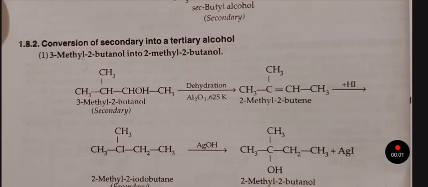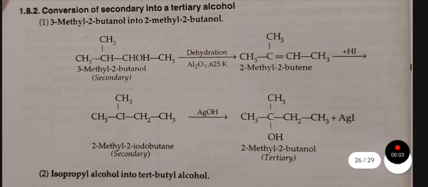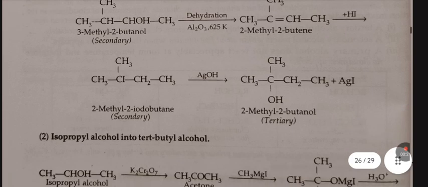Conversion of secondary into tertiary alcohol: 3-methyl-2-butanol into 2-methyl-2-butanol. On dehydration, 2-methyl-2-butanol gives 2-methyl-2-butene. Then 2-methyl-2-iodobutane, in the presence of AgOH, gives 2-methyl-2-butanol.